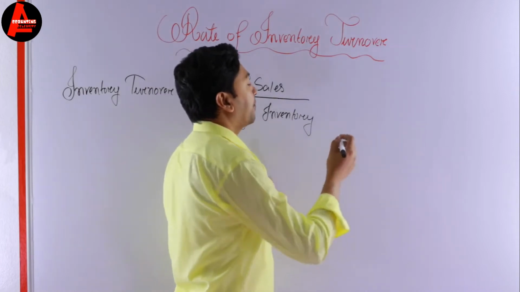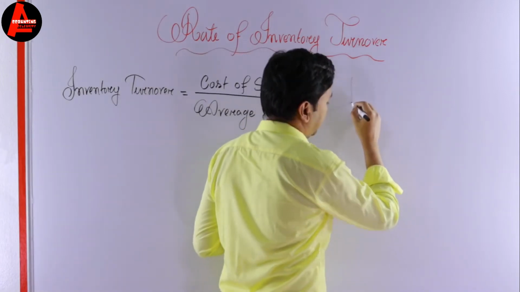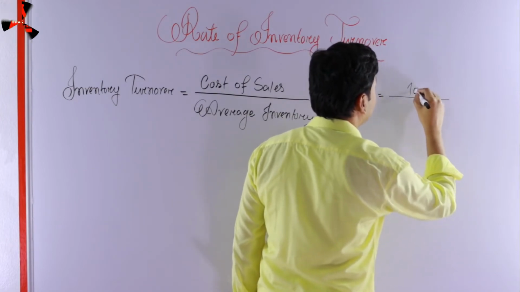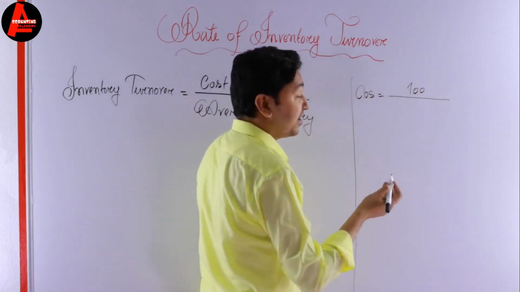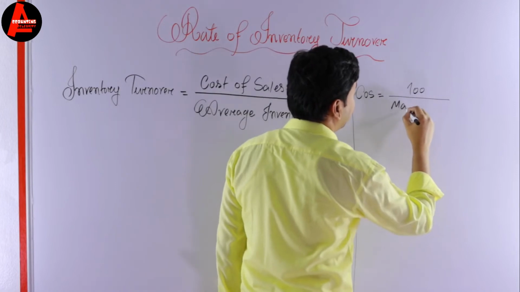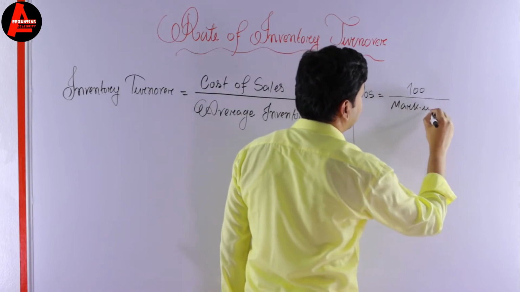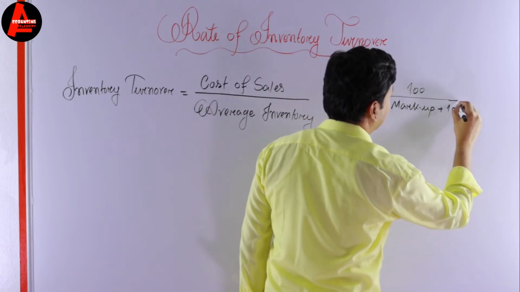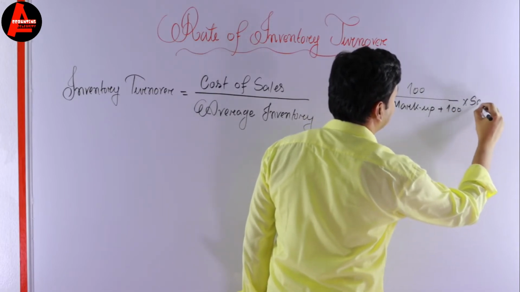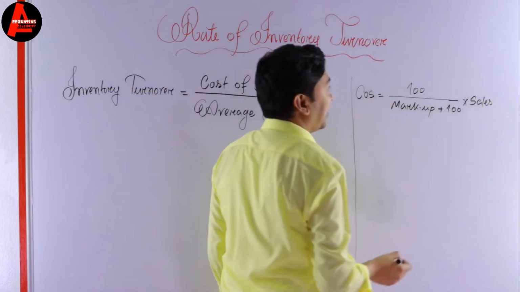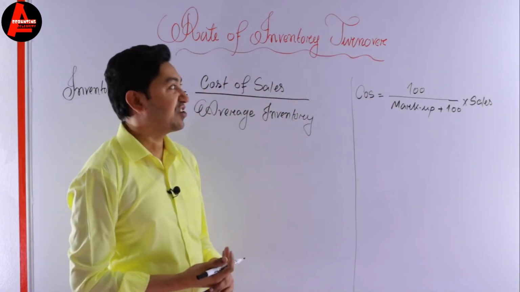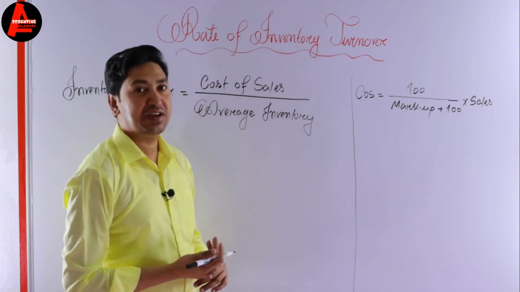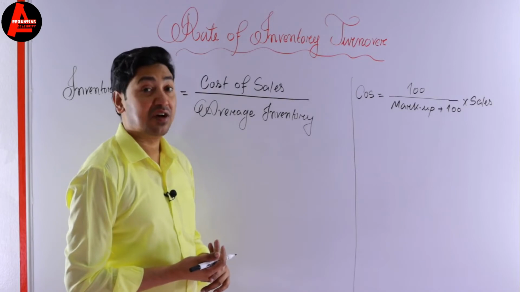Cost of sales equals 100 divided by markup plus 100, times sales. Interesting. Do you know this formula? If you know this, it will be much easier for you to calculate cost of sales.